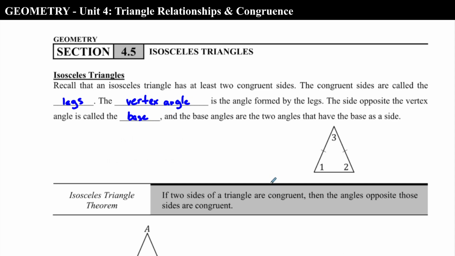Okay, and the base angles are the two angles that have the base as a side. So in this figure, angle 3 is the vertex angle, and angles 1 and 2 are your base angles.